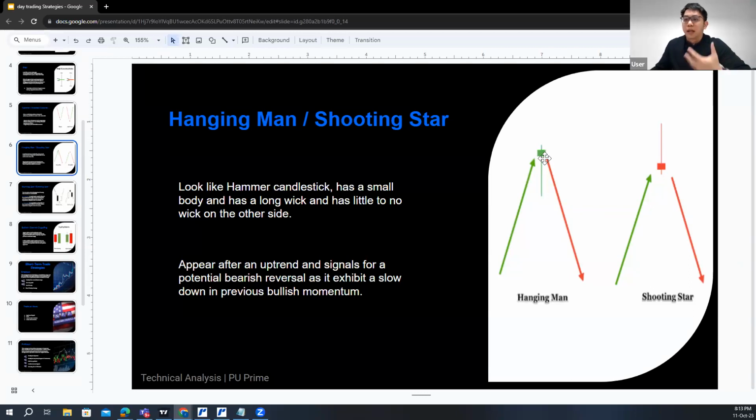That's why the market reads it as, oh, the bullish momentum seems to have vanished or diminished drastically. So yes, potentially it might go down. It is the same for the shooting star. It's just that the direction of the wick and the name are different, but the logic behind it is the same. It shows that the trend might go to the other side.